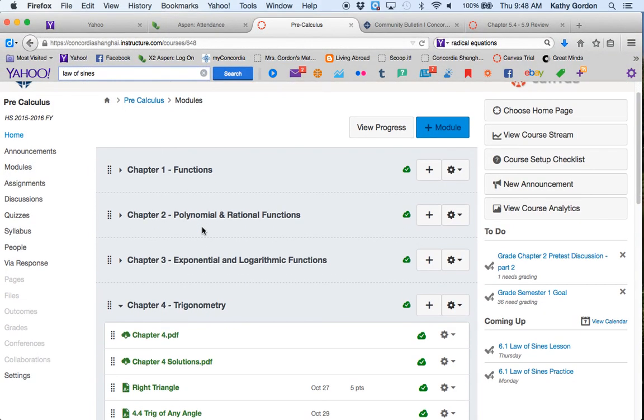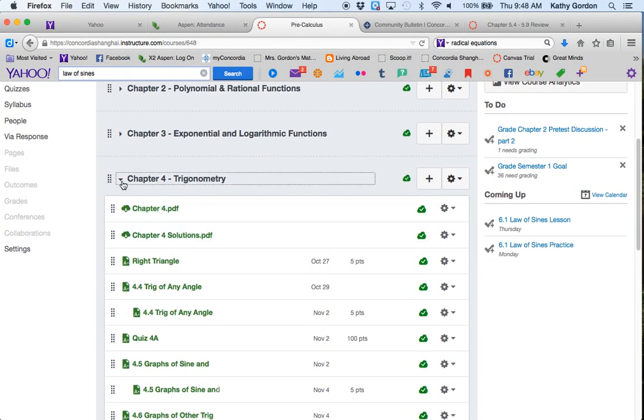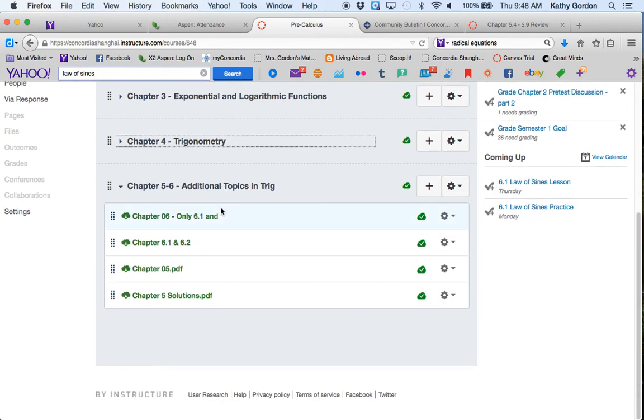Get into this pre-calc. So you'll see here, I don't have it up there yet. It's labeled chapter 5-6. It's called Additional Topics in Trig. At the moment, you can see I have the chapter 6.